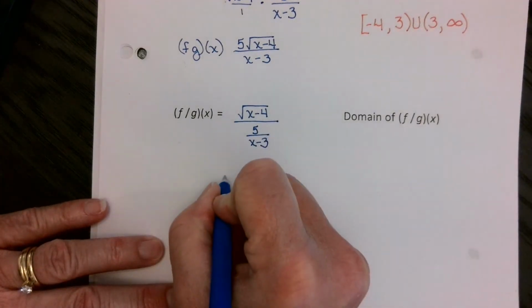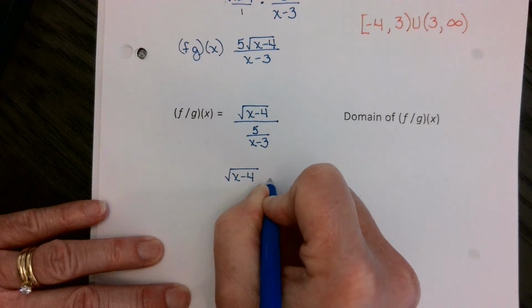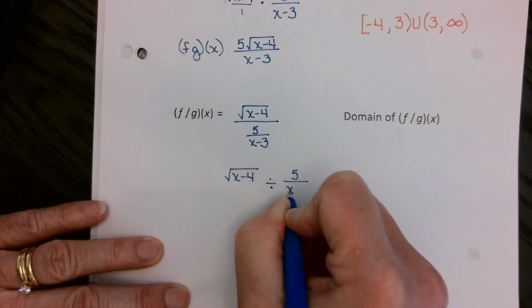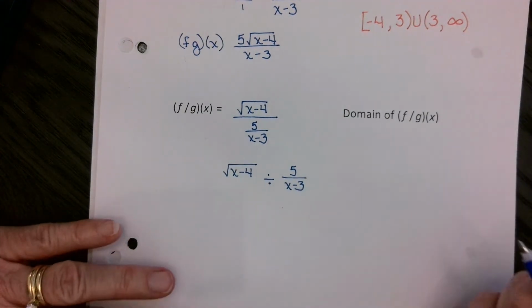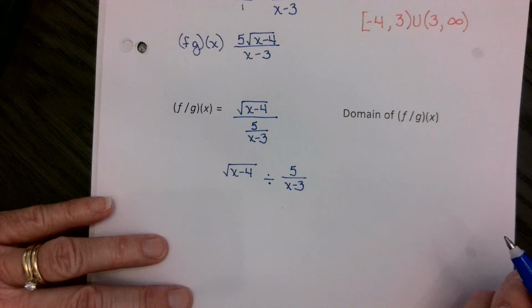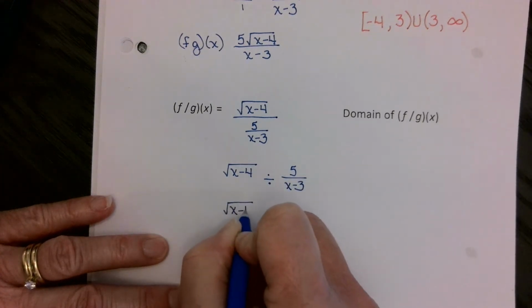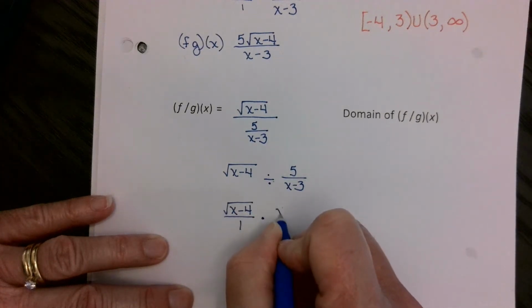Well, I can rewrite this as the square root of x minus 4 divided by 5 over x minus 3. Well, we never really divide fractions. We keep the first one, and this is really over 1. Change division to multiplication and flip the second one.